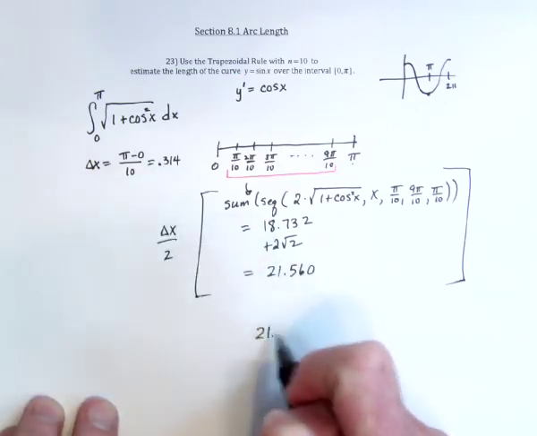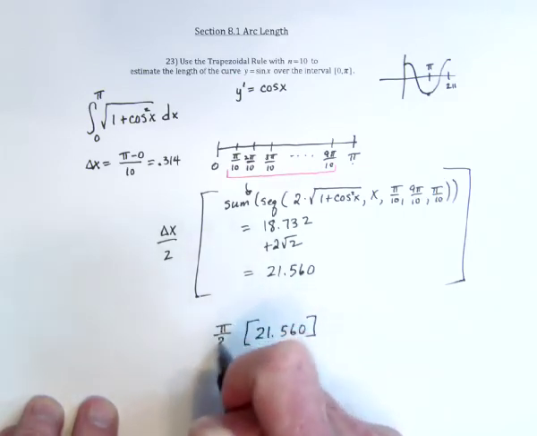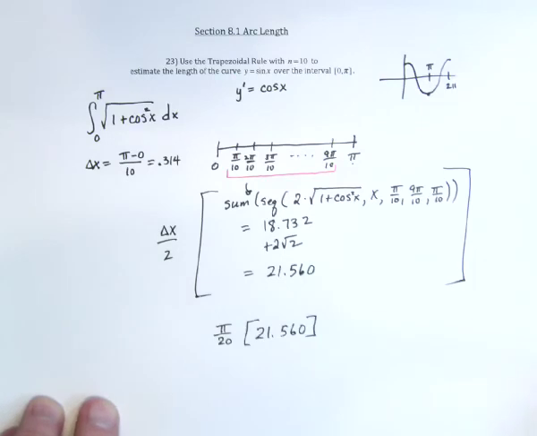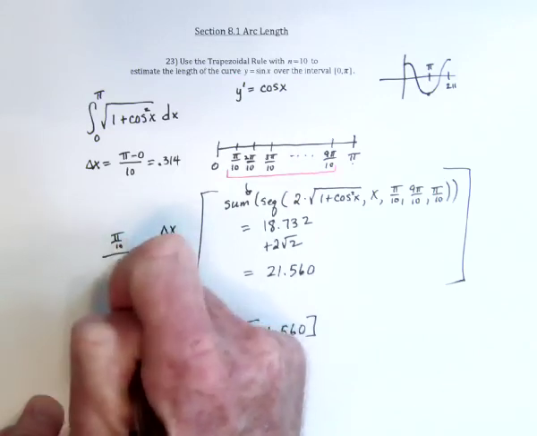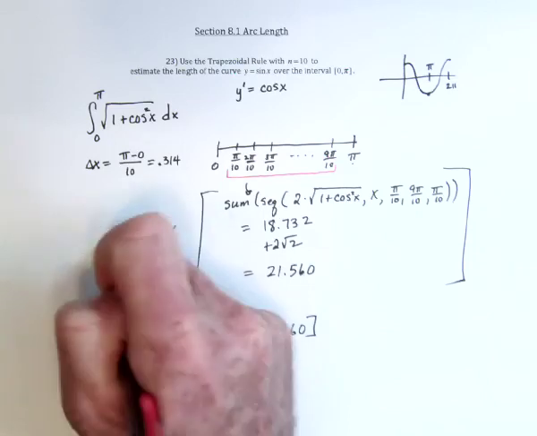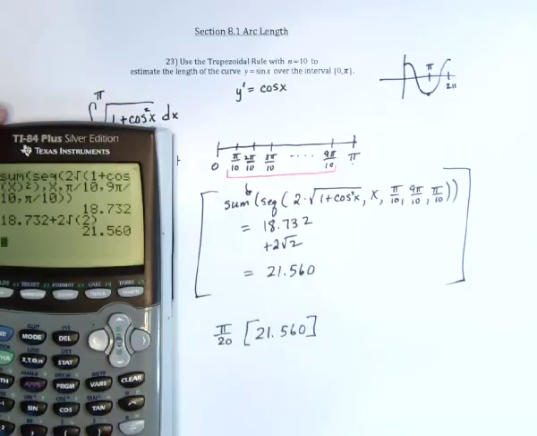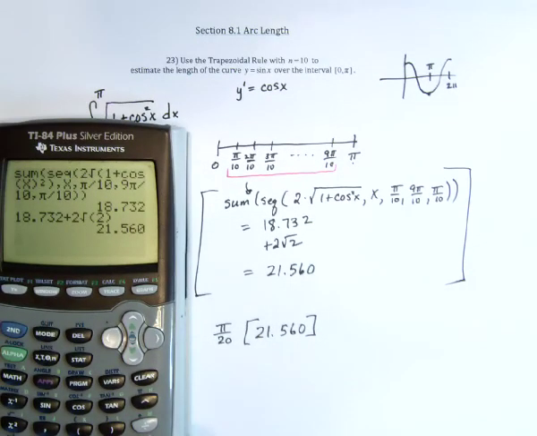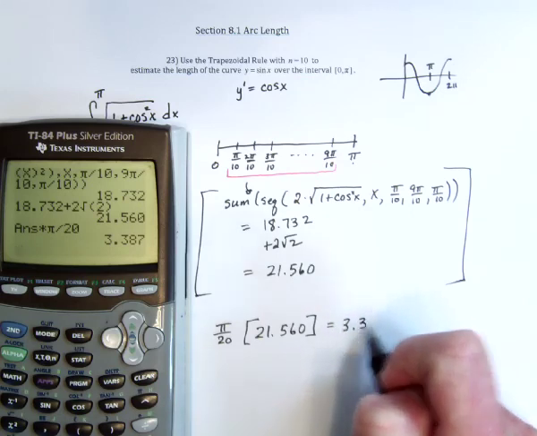So I've got a 21.56 that I need to multiply by pi over 20. Right? Because if this is pi over 10 and you divide that by 2, then to simplify you would need to multiply by a half so that these can cancel, and that's a pi over 20. So finally we need the 21.56 multiplied by pi and divided by 20. And we get an arc length of 3.387.